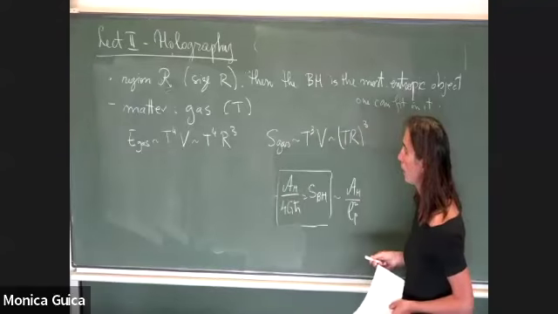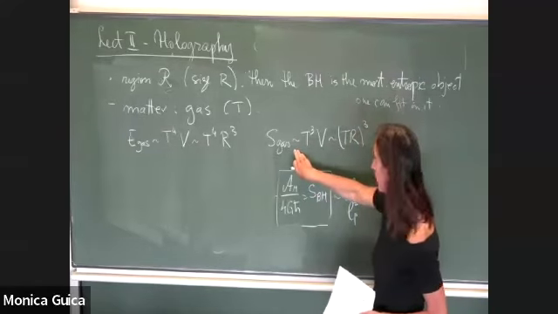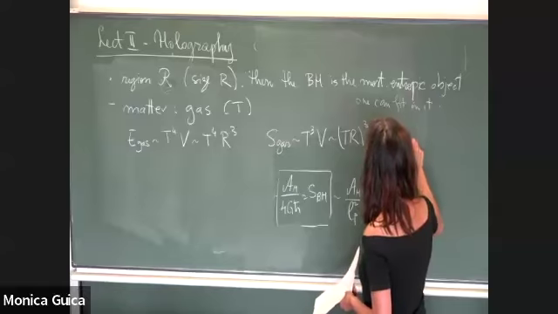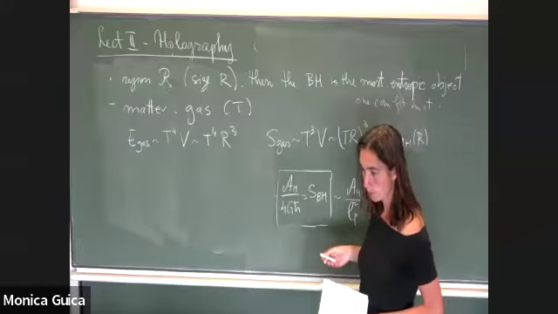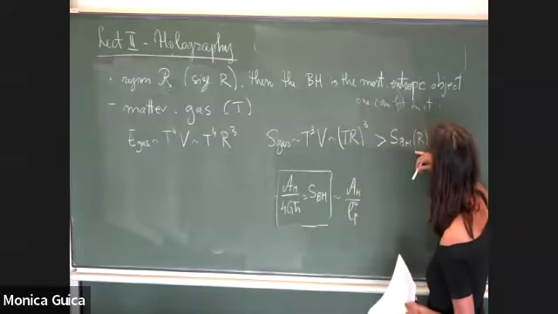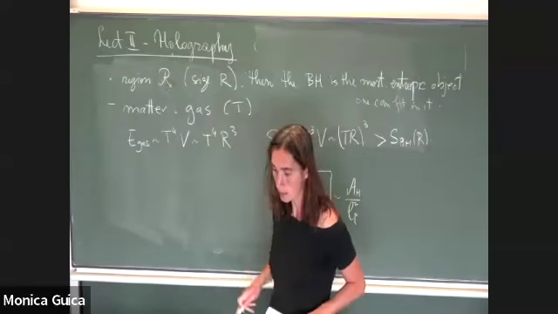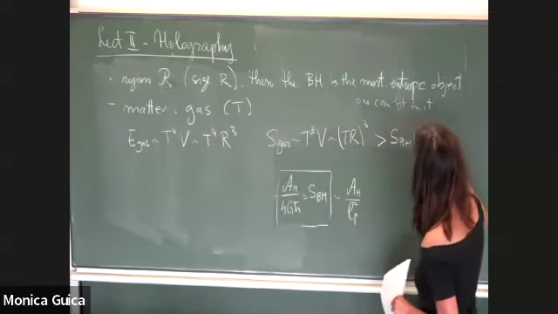Okay? So now I want the entropy of the gas to be larger than the entropy of the black hole that fits inside the entire region, that is as big as my entire region of radius r. Question: what's the entropy of this black hole?